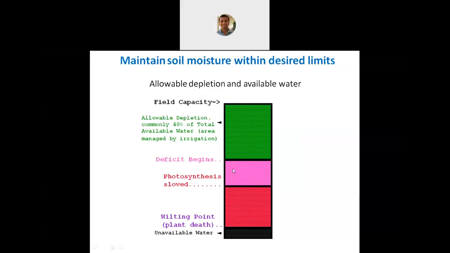But beyond this point, the deficit begins. From this middle point downwards, the photosynthesis is slowed and the evapotranspiration is slightly hampered, but it doesn't hamper the yield significantly. But beyond this, as we near the permanent wilting point, the crop faces severe water stress, which results in huge loss of yield.